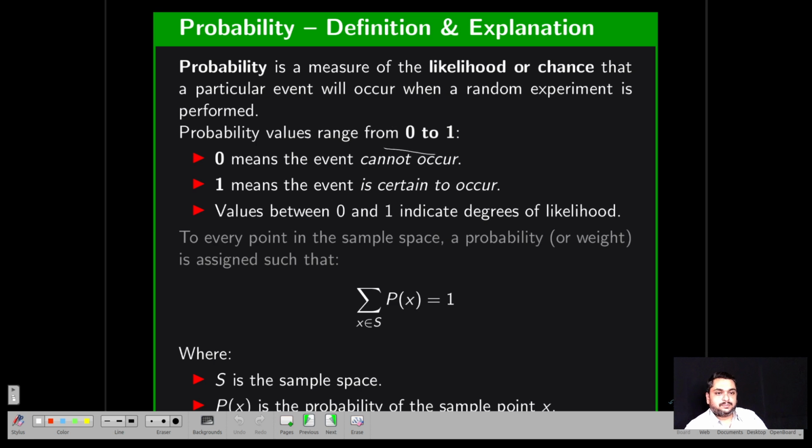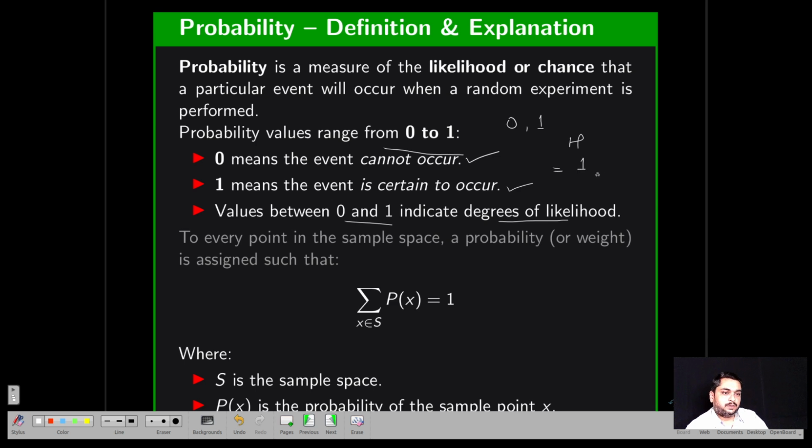So probability always ranges from 0 to 1, both included. 0 means that the event cannot occur. 1 means it will occur with certainty. Values between 0 and 1 indicate degrees of likelihood, the percentage chance that this may occur. For example, occurrence of a head in a coin toss.